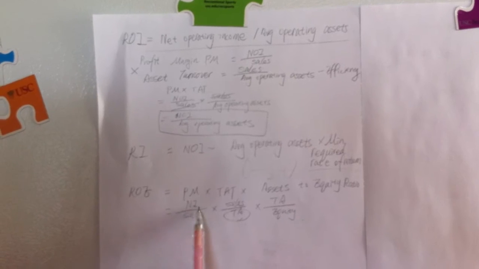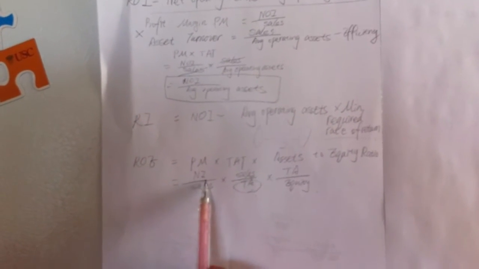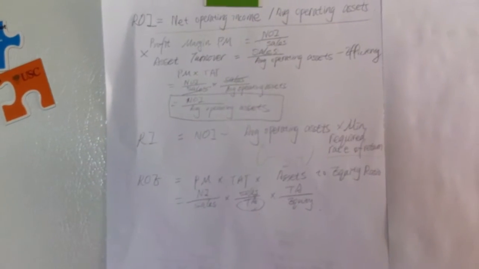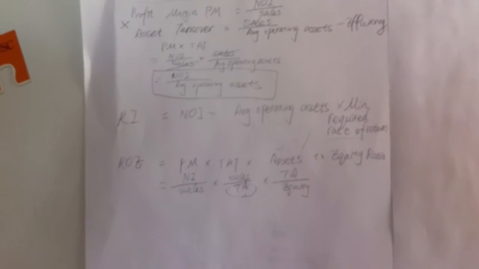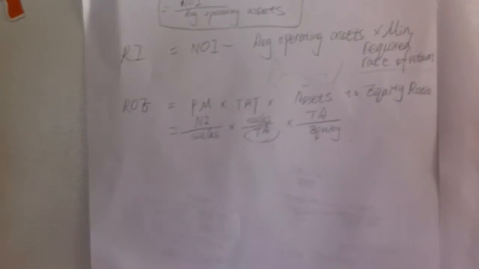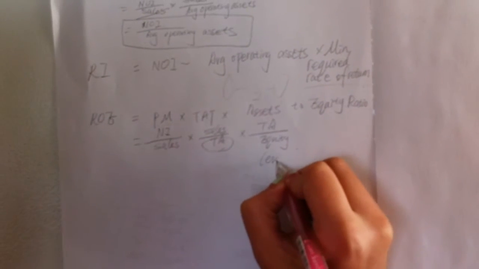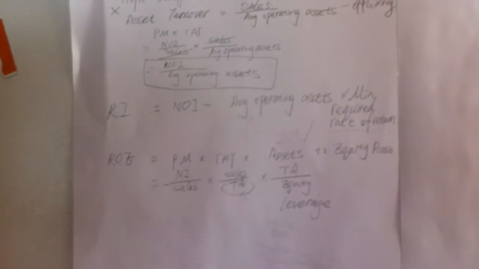And in this formula, the profit margin is net income instead of net operating income. So again, the profit margin measures the profitability, the total asset turnover measures the efficiency, and equity multiplier or asset to equity ratio measures the leverage. Like how much debt the company borrows.